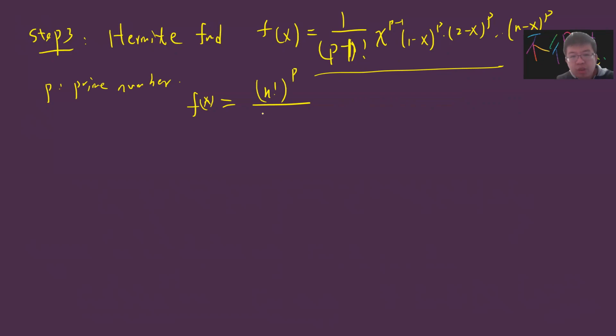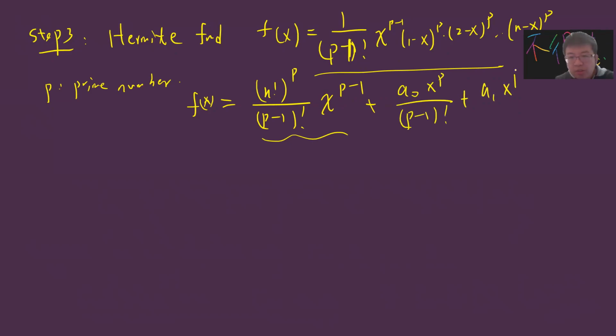So n factorial over (p minus 1) factorial times x to the p minus 1 is the first term, and then you get the second term, a0 x to the p over (p minus 1) factorial, and a1 x to the p plus 1 over (p minus 1) factorial, because the smallest term comes from each polynomial giving a constant, so it's 1 up to n. So this is the term.